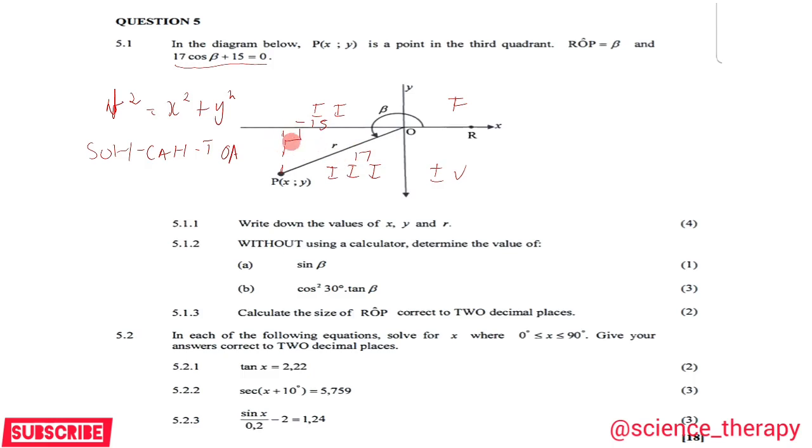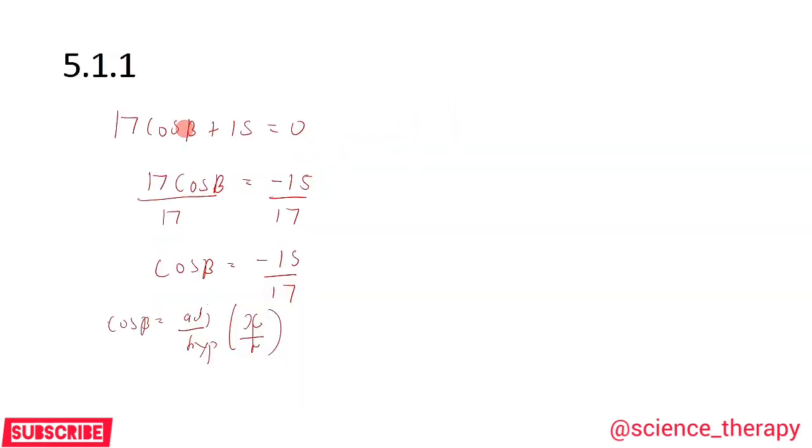Now to calculate the missing side without any angles given, we must use Pythagoras' theorem, right? So to calculate that, we have r squared is equal to x squared plus y squared. Remember, we do have the value for r now, that's 17, and then square that, and we also have the value for x, so that's negative 15, and then square, plus y squared, right?